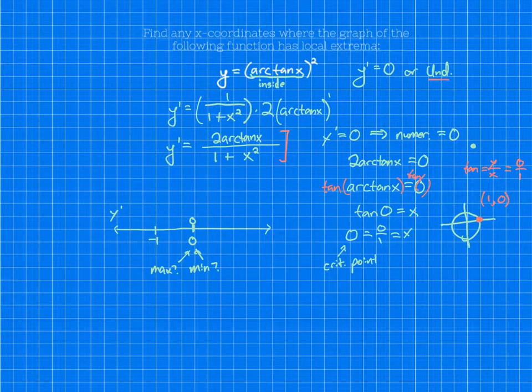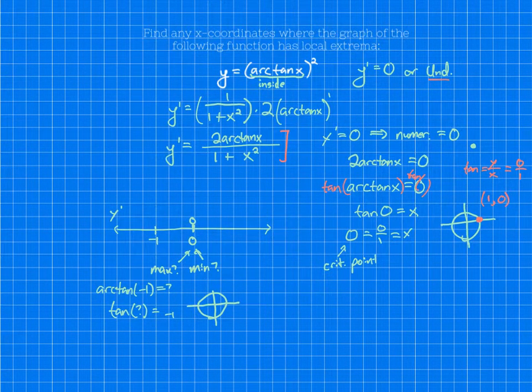So if I plug -1 into arctangent, that's like asking tangent of what equals -1. Now, in this case, we can find where tangent is -1 by looking on the unit circle again.